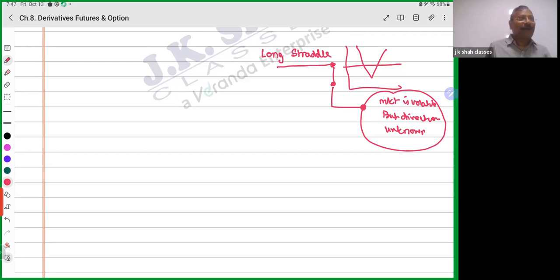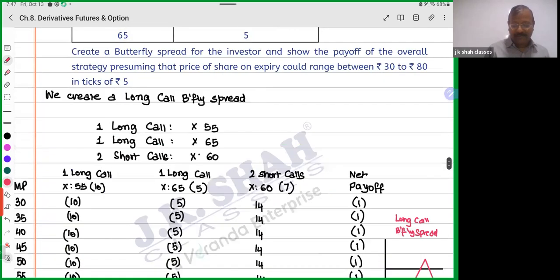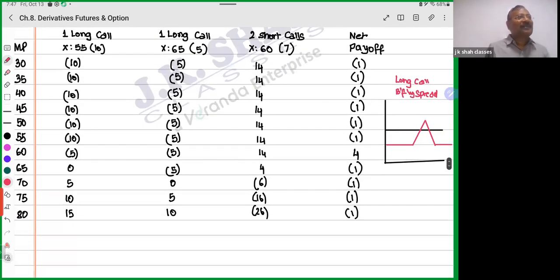After solving it, you came to know, right? So now, again in the same question, if you ask me, sir, how will we know that we have to create a long call butterfly spread? You know now. See, it's like this. I keep telling you, how do you know that putting your hand in fire will burn it? Either you put your hand in and got burnt, then you know, or someone else has told you that don't put it there, you will get burnt.